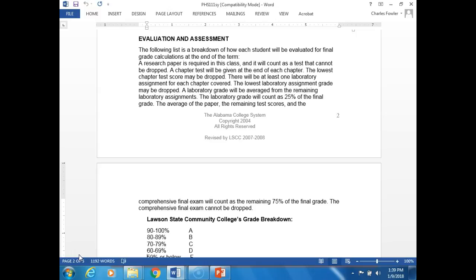The field trip to the planetarium is one of the field trips. That would be a 4th lab for those 3 chapters. Okay, the lowest lab assignment grade may be dropped. So let's say those 9 chapters we have, let's call it 8 chapters we have, that we actually have a physical lab. I'll hand out paper, you do it, whatever, okay?